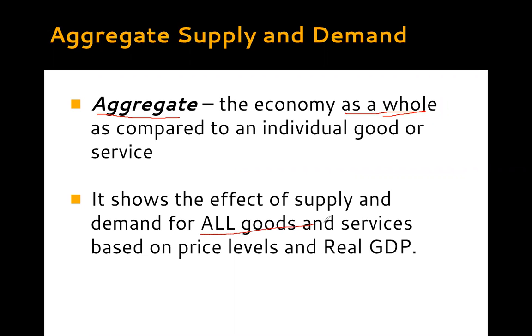For all goods and services. And we are basing it on price levels and real GDP. So we're basing it on inflation and real GDP, two things that we've already covered. Okay. So the big catch here is we're looking at aggregate, which again is on the whole.